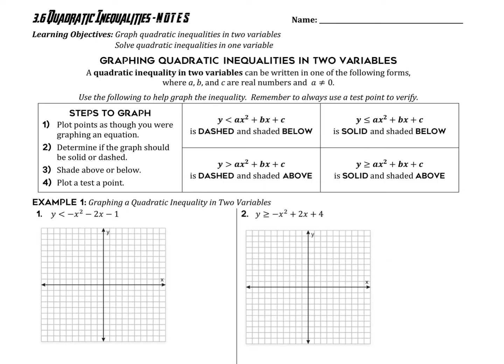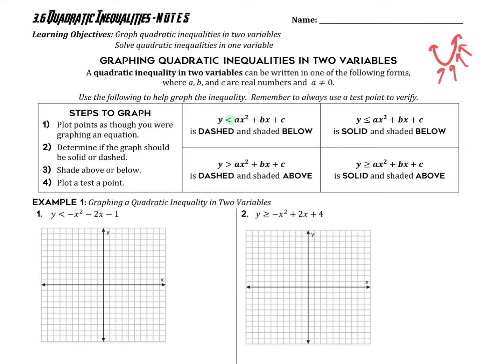So we've been talking about quadratic equations for quite some time now, and we know that a quadratic equation, when graphed, forms a quadratic. We know that every xy coordinate is a point along that quadratic that lies on the curve. What we're going to be focusing on in this section is quadratic inequalities. So no more equal signs here, but we're going to be looking at less than or greater than, less than or equal to, greater than or equal to.